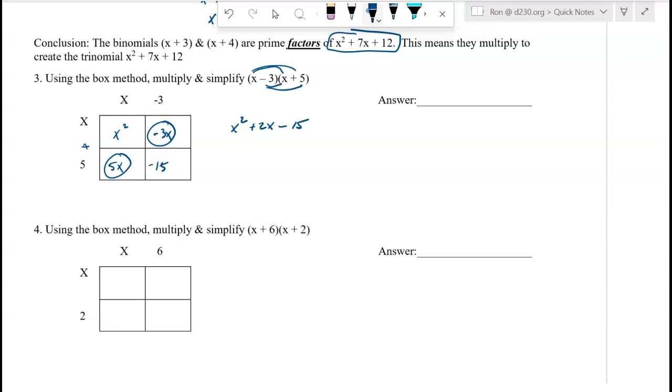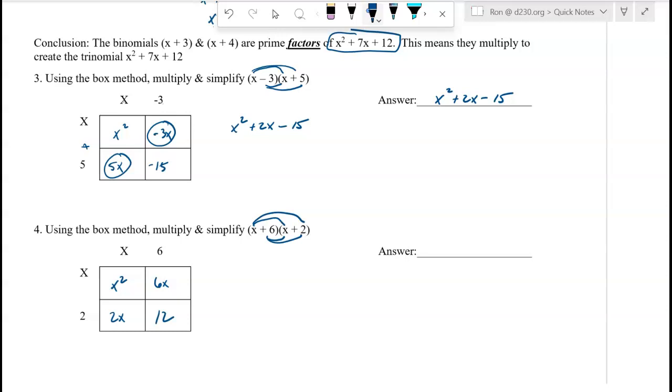So when we multiply this out, whether we FOIL it, multiply them, or use the box, we get x squared plus 2x minus 15. So when I look at the next one, x times x will give me x squared. x times 2 would give me 2x. 6 times x would give me 6x. 6 times 2 would give me 12.